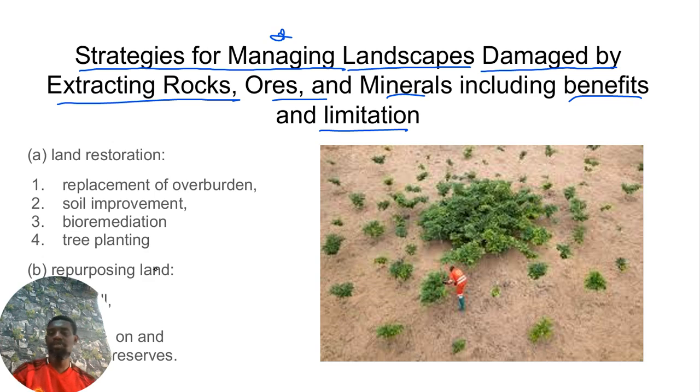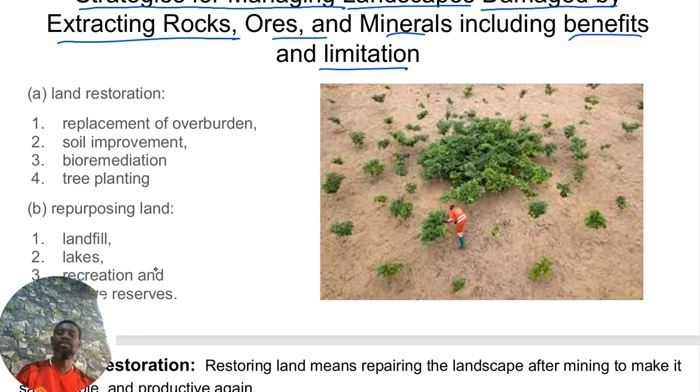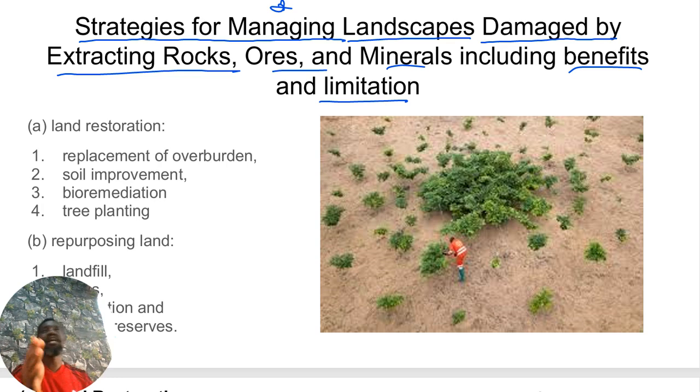There are two things your syllabus needs you to know on how you can manage landscape. Remember, the landscape is damaged during mining because open pits create pits, and subsurface mining can also lead to spillage of oil and the rest. So how do you reclaim this land so that it will still be useful?